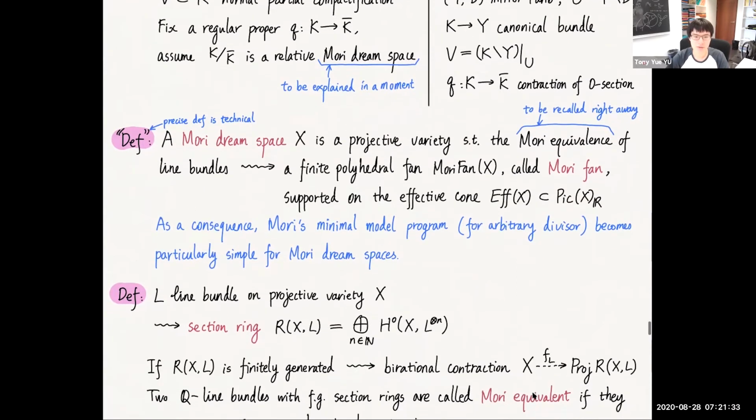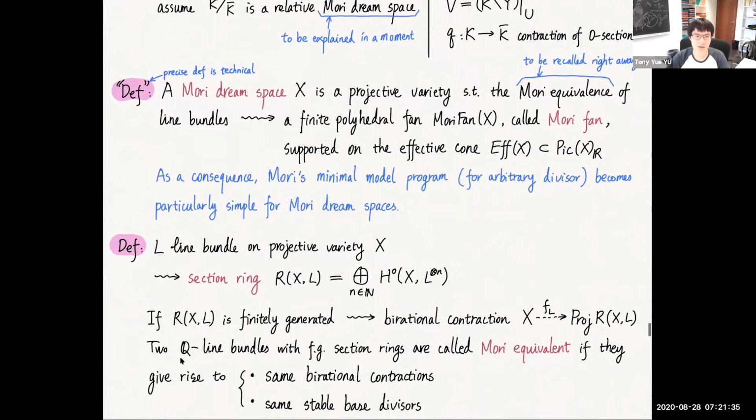And we say that two Q-line bundles with finitely generated section rings are called Mori equivalent if they give rise to the same birational contractions, and moreover, if they have the same stable base divisors. We have to include the second condition because the base divisors we are unable to see from the birational contraction.